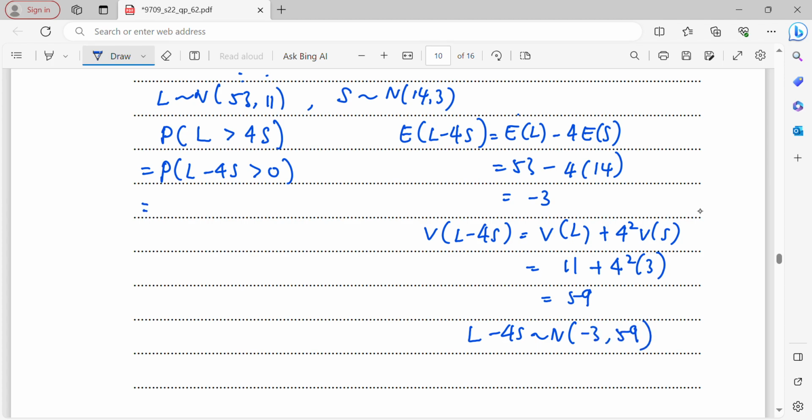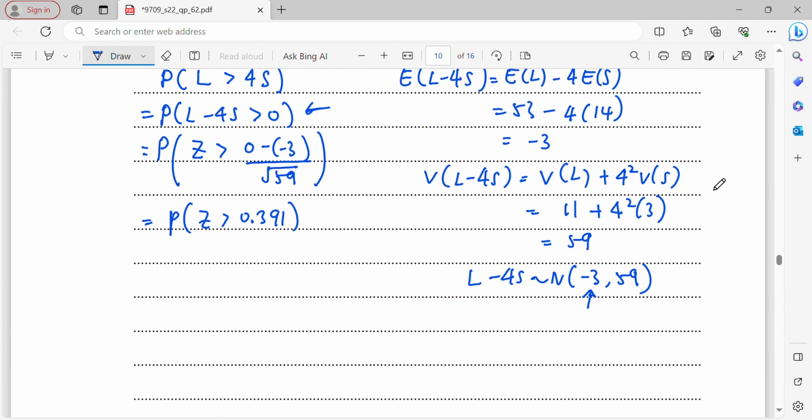Okay, now I standardize this L minus 4S. So it will be Z more than 0 minus -3 based on this distribution, over square root of 59. So this is going to be my Z value. When you calculate that value, it's going to be 0.391.